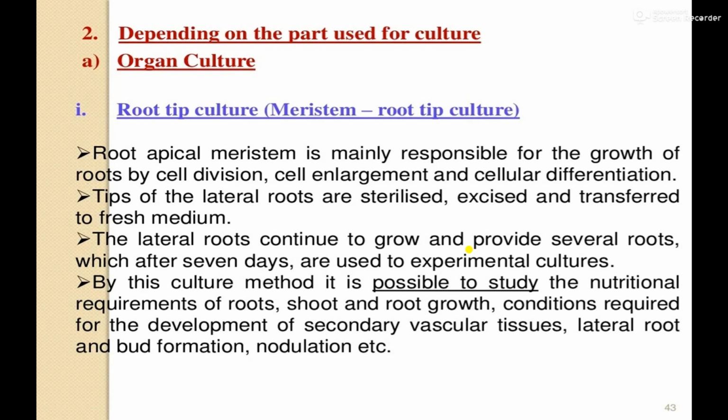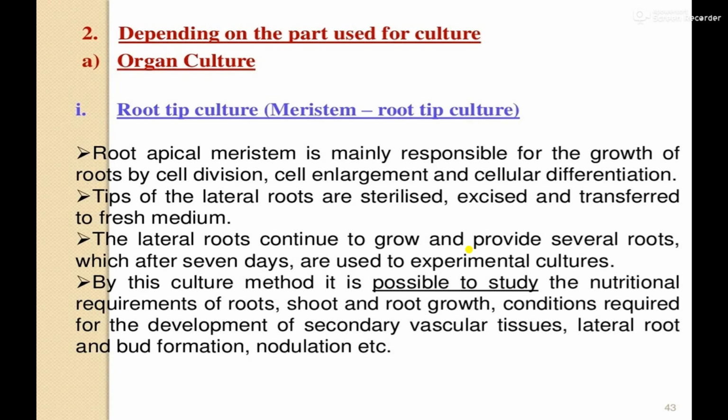By this culture method, it is possible to study the nutritional requirements of roots, shoot and root growth, conditions required for the development of secondary vascular tissues, lateral root and bud formations, or nodulation, etc. These are organ cultures.